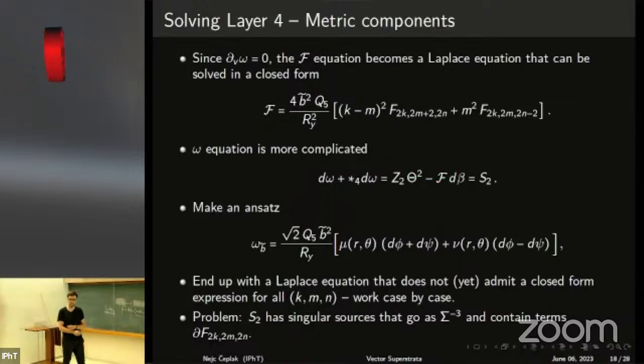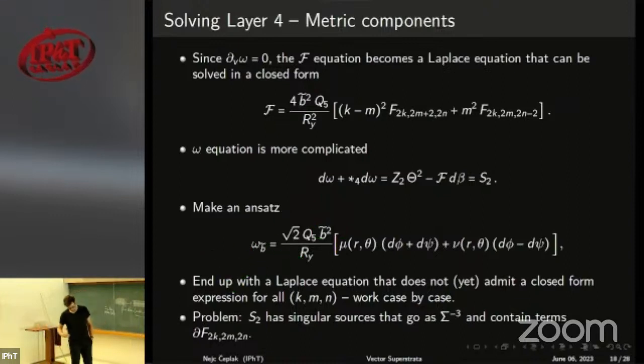And because the previous layer is given by an ever-increasing sum, the higher you go, the more and more source terms you have, and you cannot solve them, at least in a closed form expression. Another reason is that the source term in this case has a really high singularity, which is related to the fact that omega mu can be slightly similar.